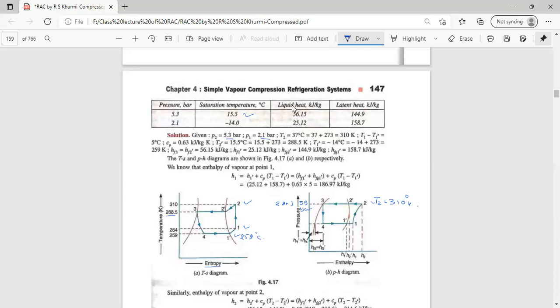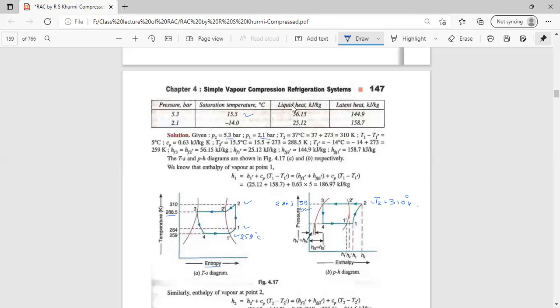It becomes the same, that is equal to HF2 dash, 56.5, at 15.5 degrees centigrade. The liquid heat which is released here is equal from here and here, as the temperature is not changing. So the sensible heat present here is equal.